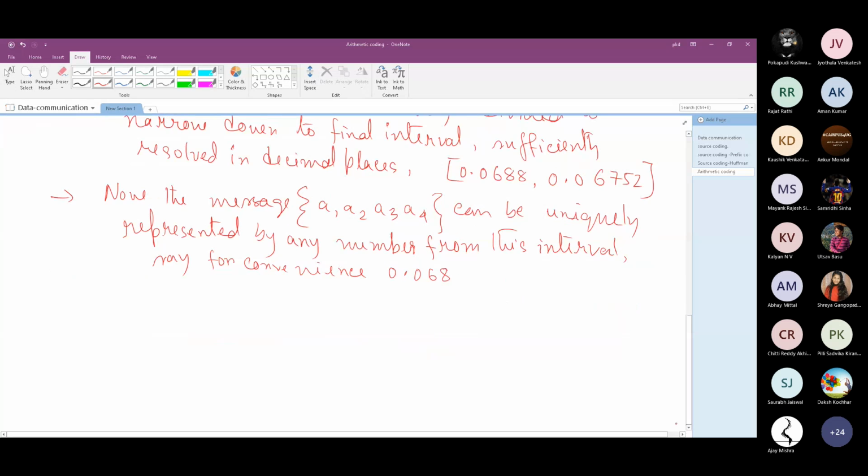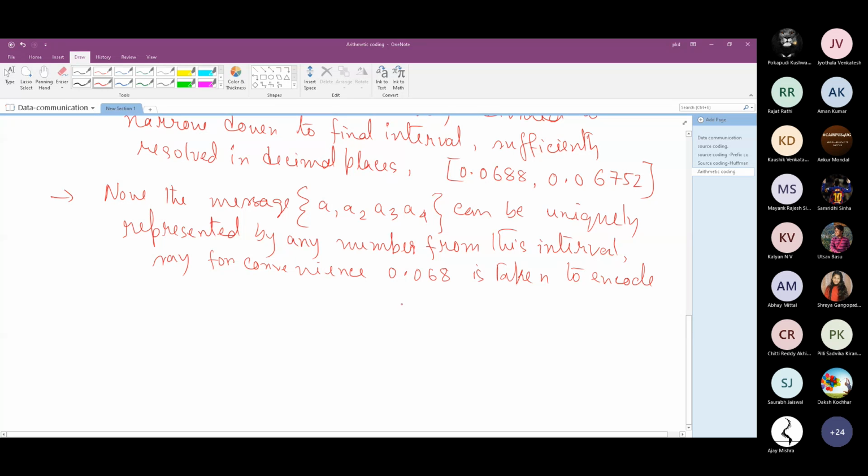Because in the decoder part, again, we have to go through that route. So therefore 0.068 is taken to encode. So this is the number.